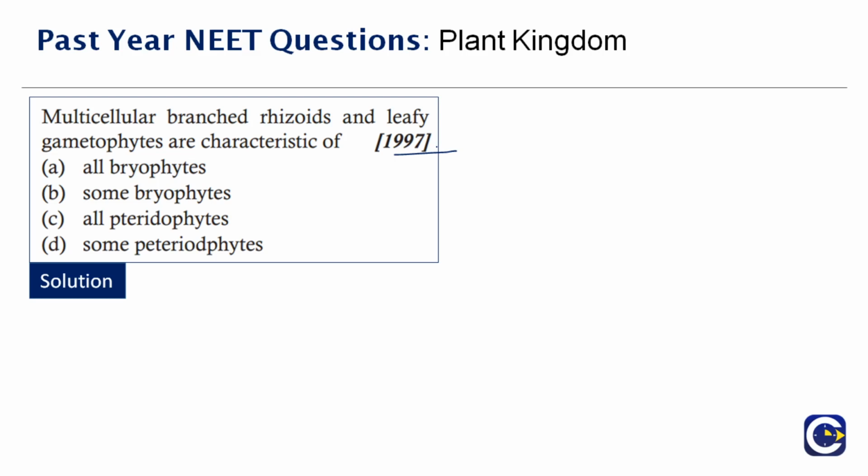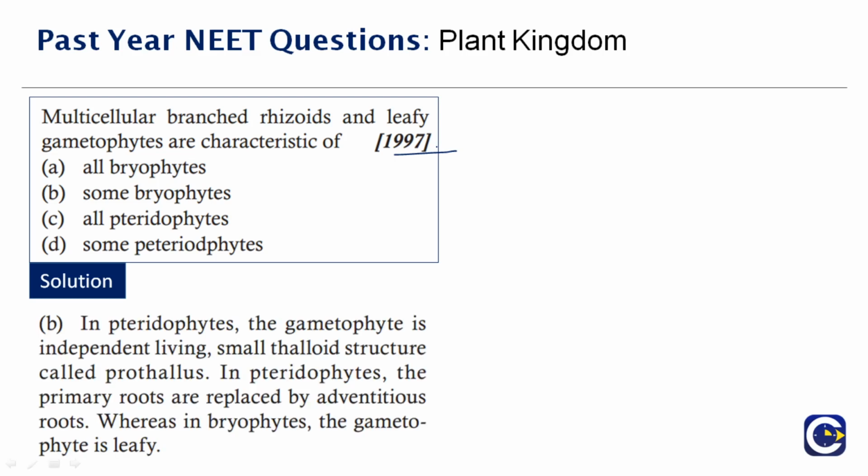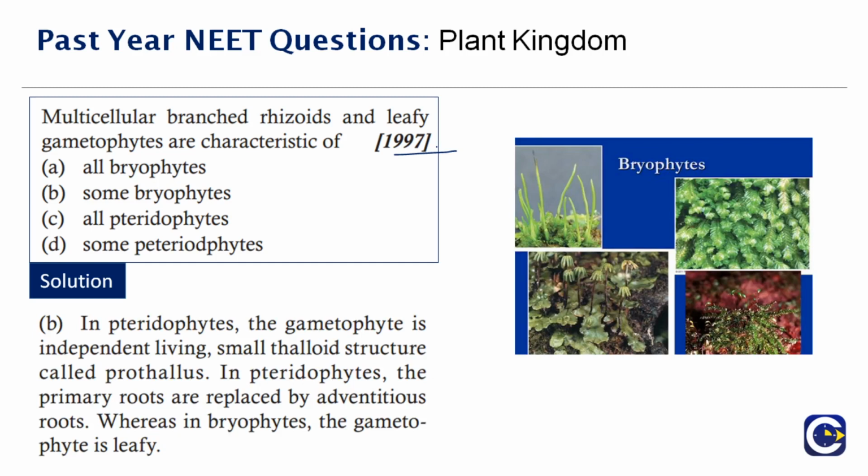Therefore, the correct answer to this question is option bryophytes. Why is it bryophytes? It is not all bryophytes, it's only some bryophytes. Not every bryophyte has this feature, only certain bryophytes have this nature. To your right side, you can see the picture of bryophytes, the different growth and appearance of it.